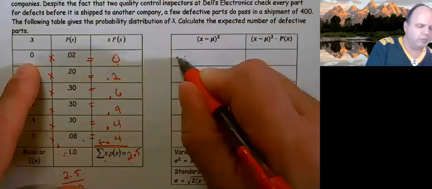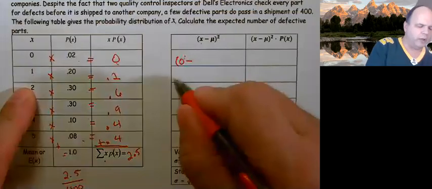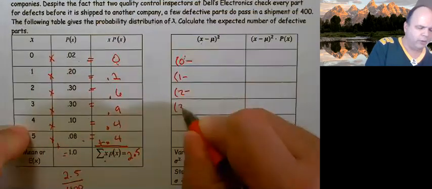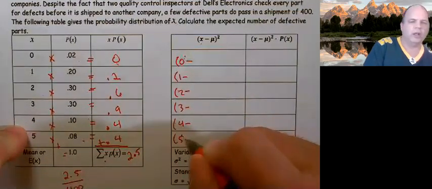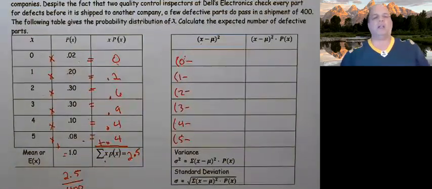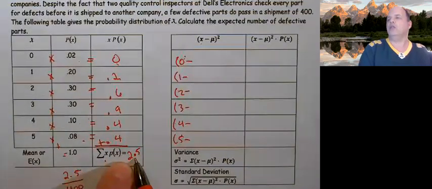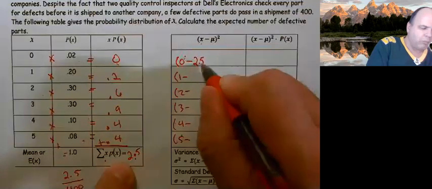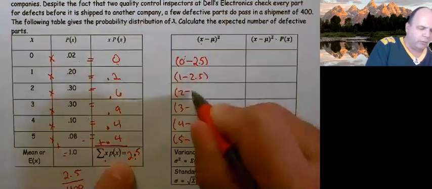And by the way, we can go 0 minus, 1 minus, 2 minus, 3 minus, 4 minus, and 5 minus, because those are the x's. Well, what did I expect to happen? Well, that's what we calculated here. We calculated 2.5.